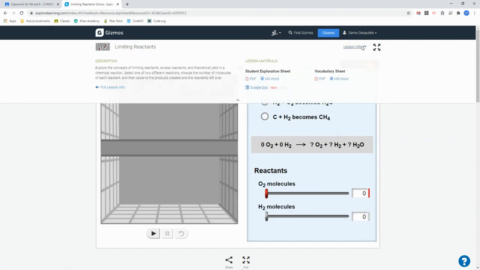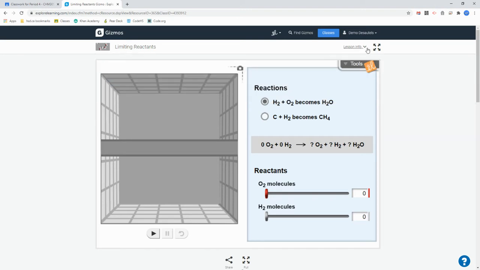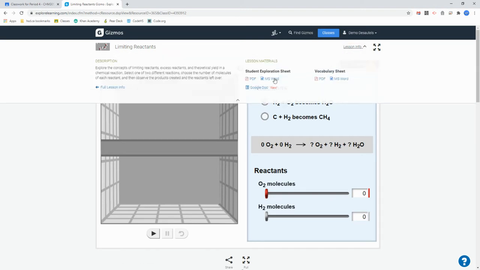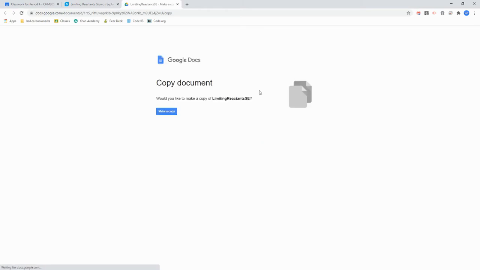In order to proceed with this, you're going to need some instructions. That's all under this lesson info drop-down menu and the student exploration sheets. Please choose the Google Doc. You're going to click on the Google Doc. It's going to ask you to make a copy of this.